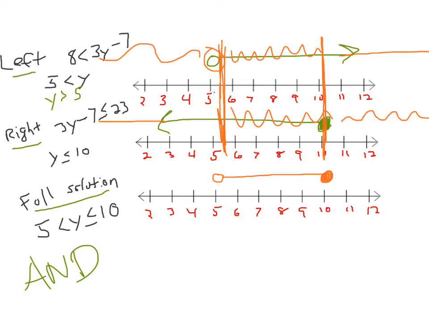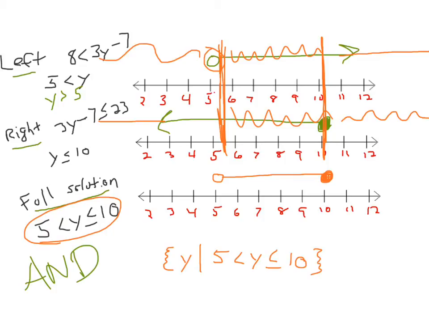I should also remember to write this solution in set builder notation. Okay, so my final answer is going to be the set of all numbers, and remember we do a squiggle for that, squiggle, y, the set of all numbers y, this line that means such that, and then I'm just going to transfer this full representation of the solution down here: the set of all numbers y such that 5 is less than y, and y is less than or equal to 10, and then I'm going to close it off.